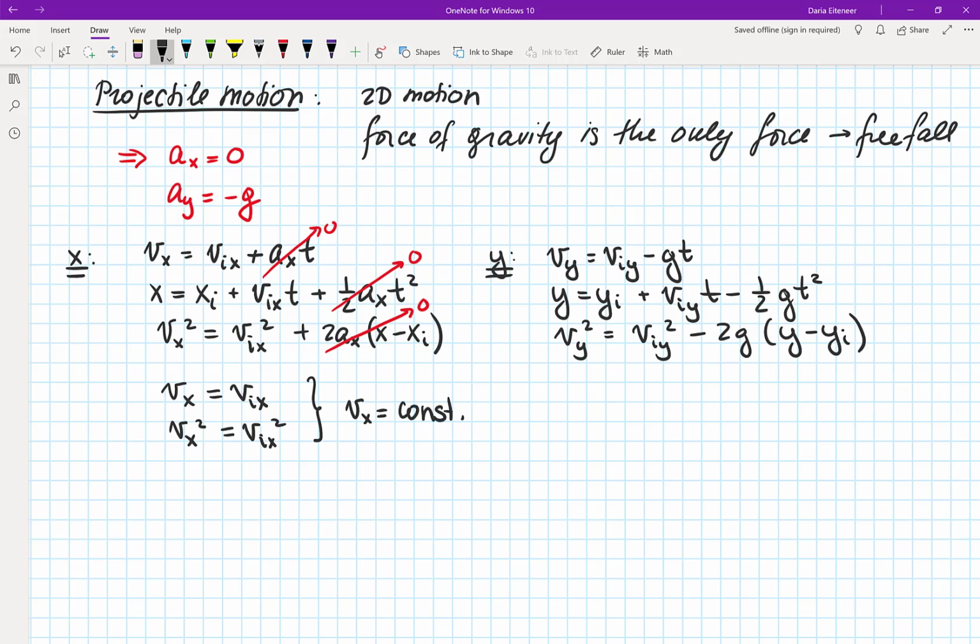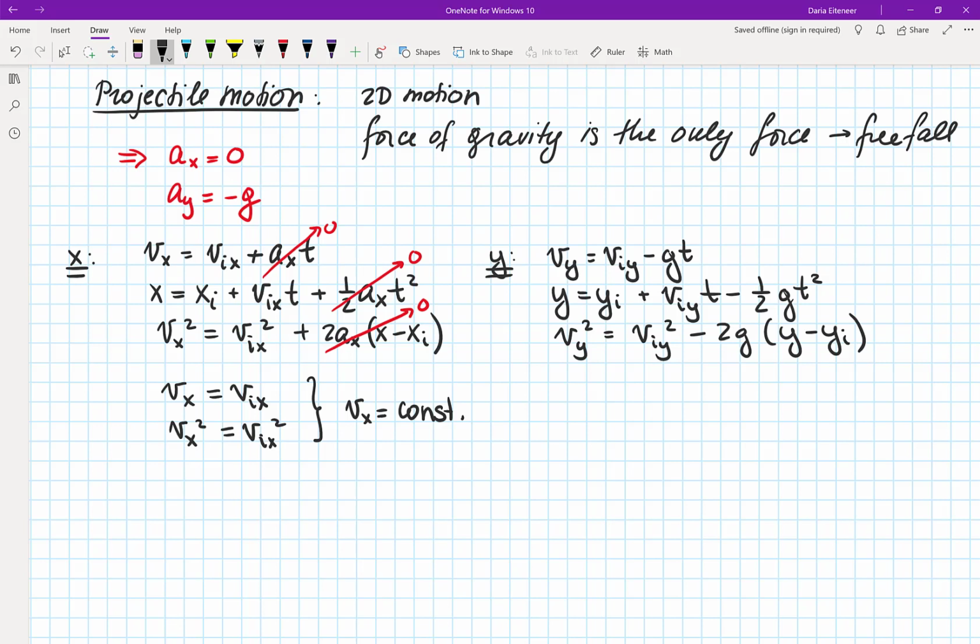And you should be able to relate that to the fact that acceleration in the x direction is 0, right? So if the object is not accelerating in the x direction, that means velocity in the x direction is constant. So these two quote-unquote equations, they're not really equations, right?